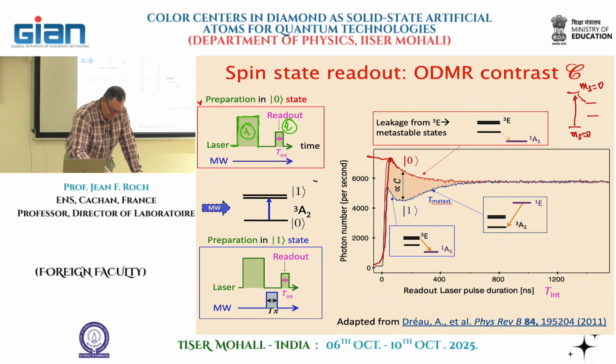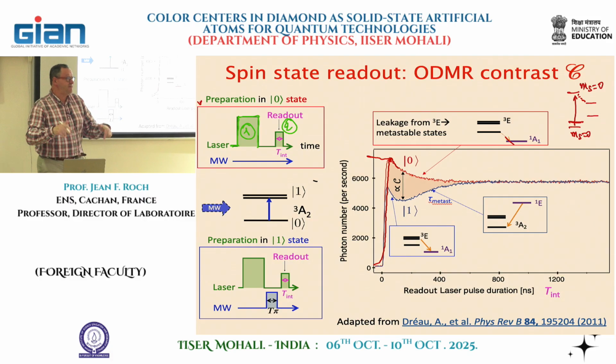So when there is this leakage here, the system will, in that case, also somehow be in the dark. So there will again be a new population coming to ms = -1.